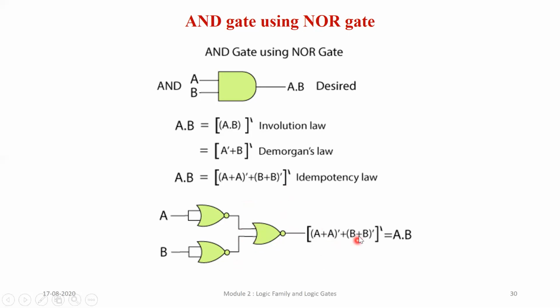A complement plus B complement, its whole complement, and then you will apply De Morgan's law. So that complement is removed, addition becomes multiplication, and A complement, its whole complement, so that complement is removed.